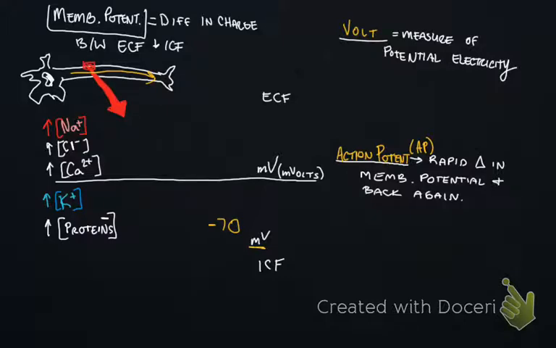So for example, if we start at negative 70 and go to positive 30 and then back down again to negative 70, that would be considered an action potential.